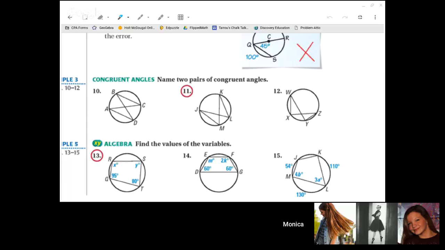Okay, so 11 on the bookwork. We have to name two pairs of congruent angles, right? So what do we know about the angles that are shown in this diagram? We know that angle J makes arc ML, right?